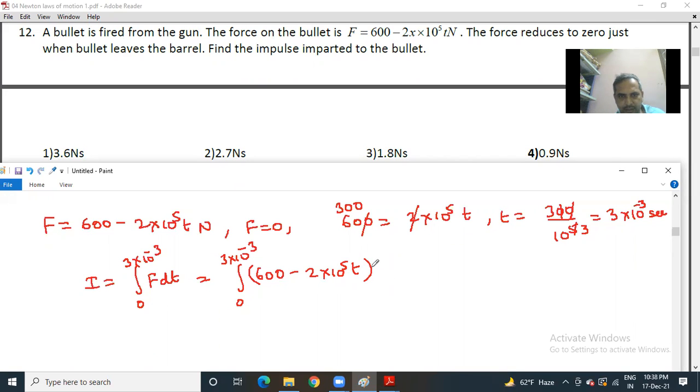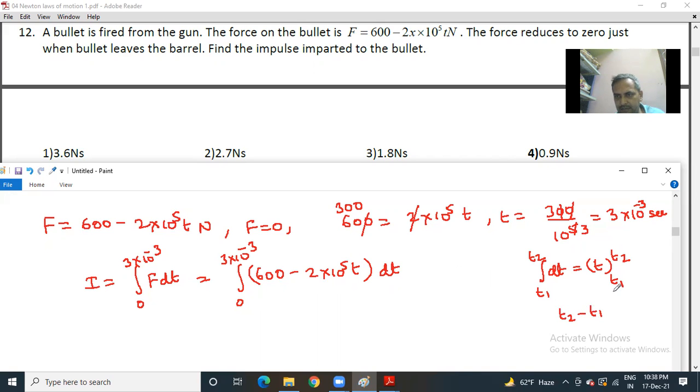Now remember the rule of integration. If it is only dt, the integral is t. With lower limit t1 and upper limit t2, you substitute t2 and t1 in place of t, so you get t2 minus t1.